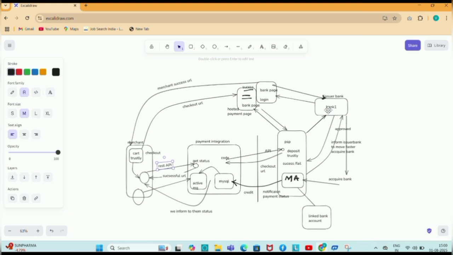So every PSP has an acquiring bank account. So it credits the notification. It says the payment is successful. This acquiring bank is going to the bank account of Trustly. So this bank, the issuer bank, will move the funds to an acquirer bank. So it deposits to the merchant account. So using a linked account, we can deposit it.